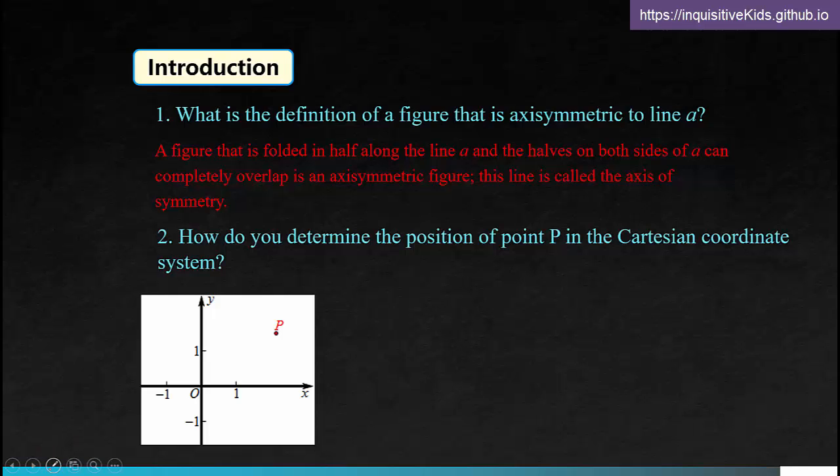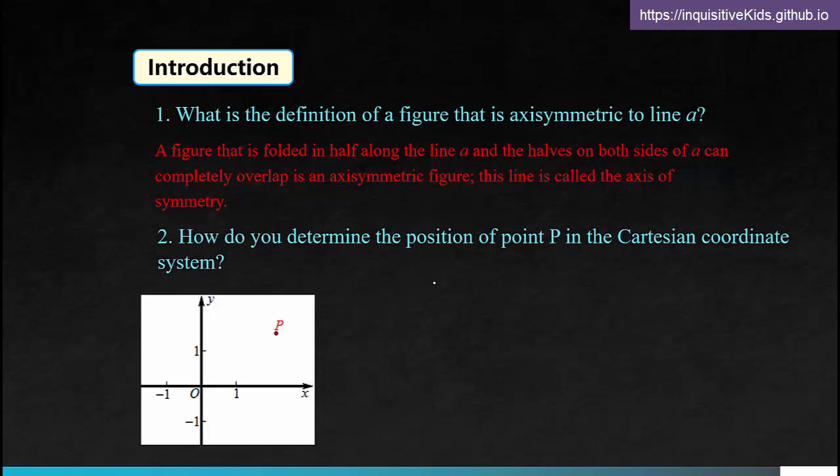For example, if you had a heart, and say it was perfect and both sides were the same, and it had a line down the middle called A, then this heart shape will be axisymmetric about line A, because if you fold it across line A, both sides can completely overlap. It is perfectly the same on both sides. So this line would be called the axis of symmetry in this figure.